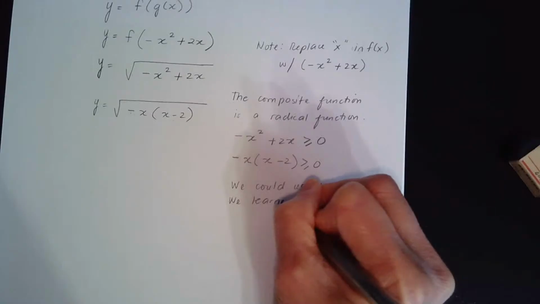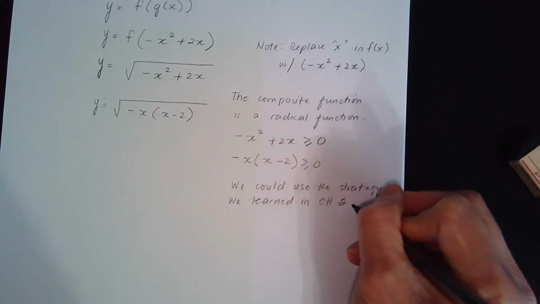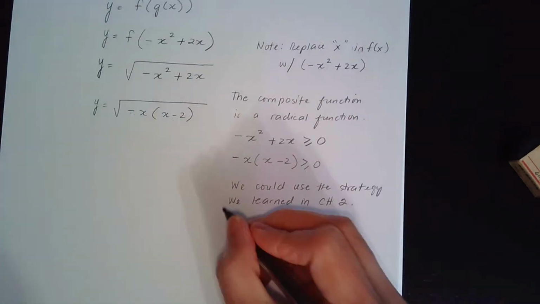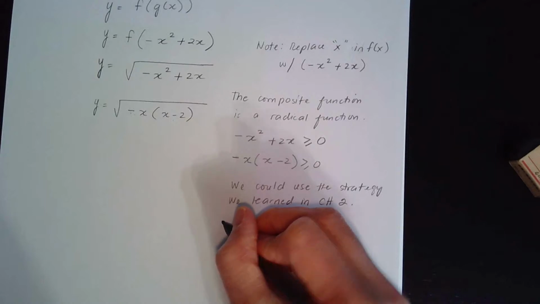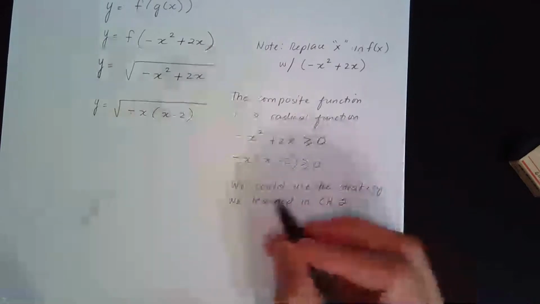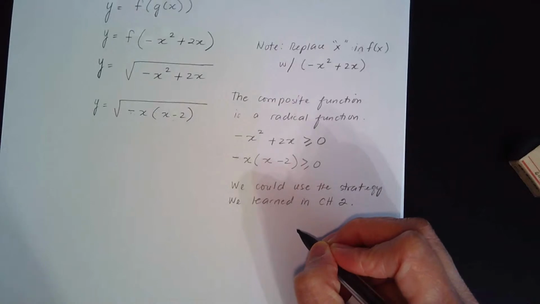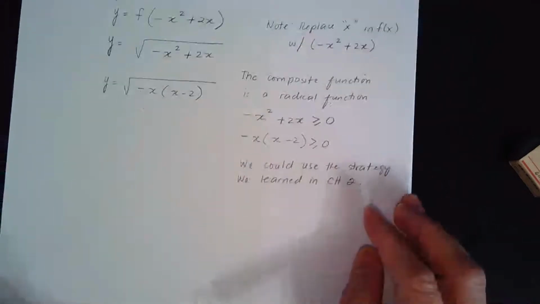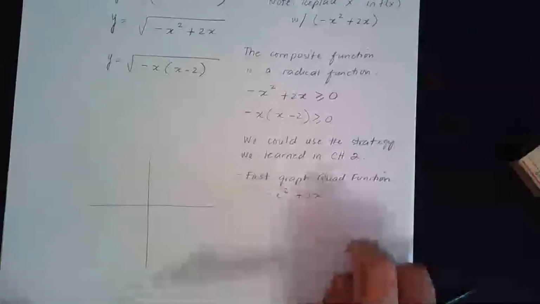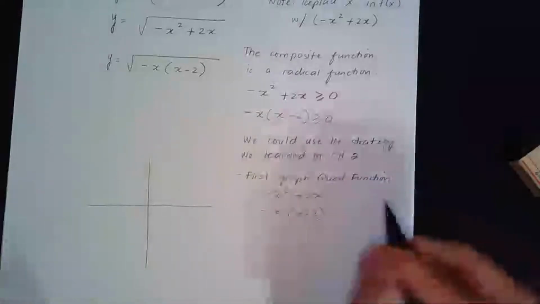Now, in chapter 2, what did we learn? We said first graph the quadratic function. It's a parabola opening down, and that becomes negative x times x minus 2.